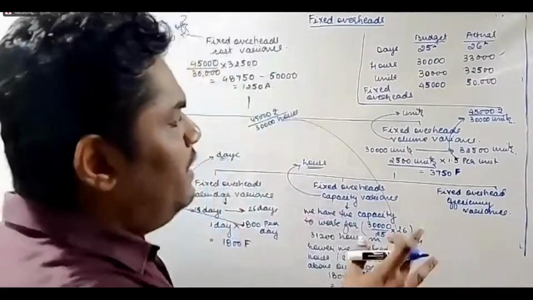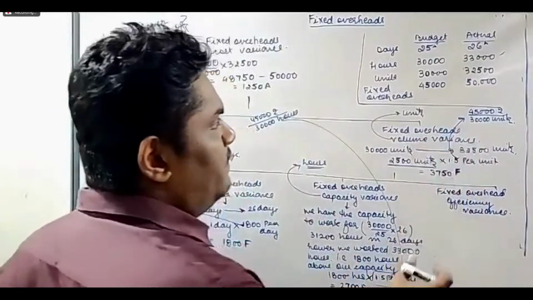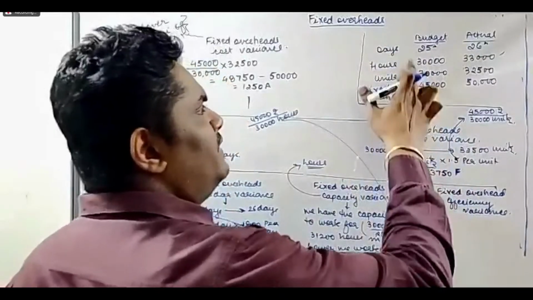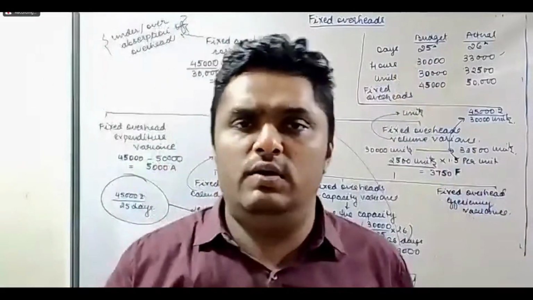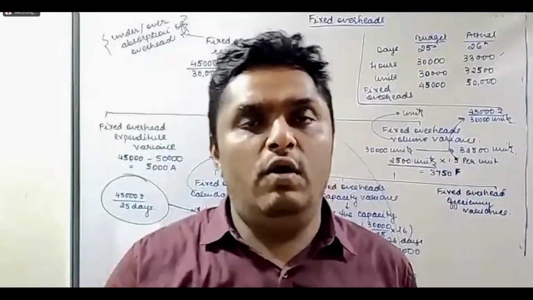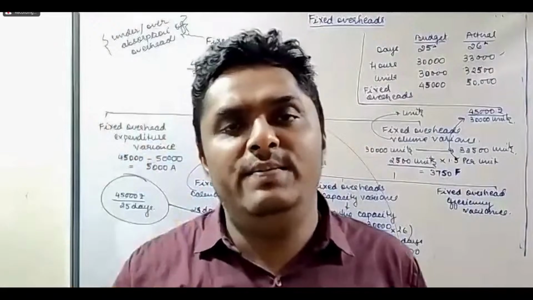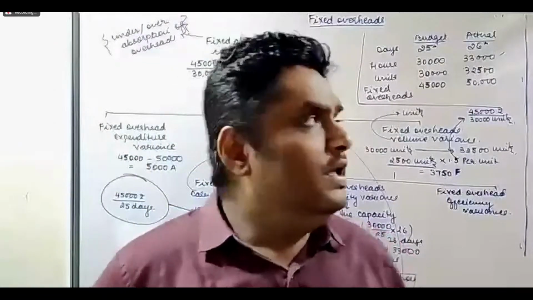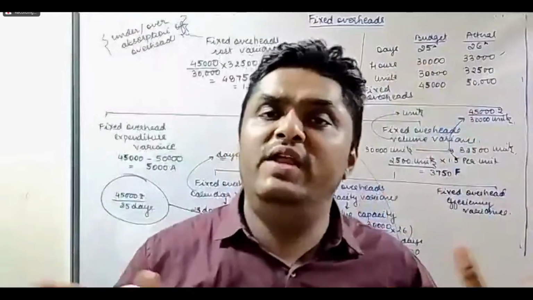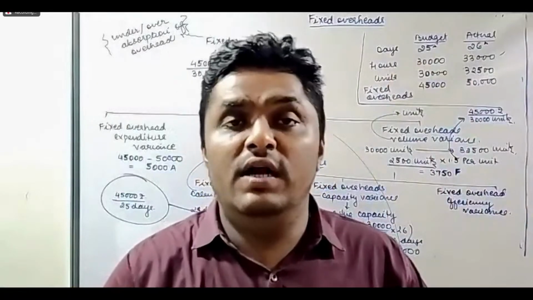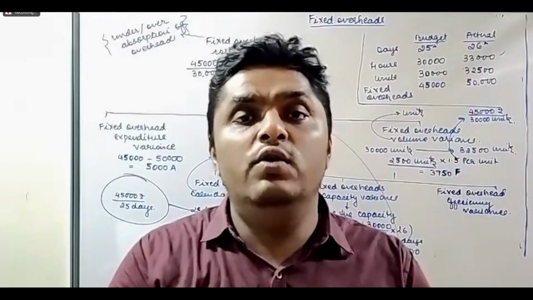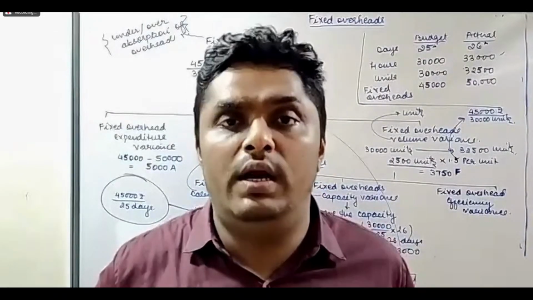So just going with the simple concept, what we have learned at the initial stages, 30,000 units were supposed to be completed in 30,000 hours. See, when talking about efficiency, in 99% cases, we compare it with hours. So these 30,000 units should be manufactured in 30,000 hours. The work was supposed to be completed in 30,000 hours. It means what? One unit should not take more than 1 hour.